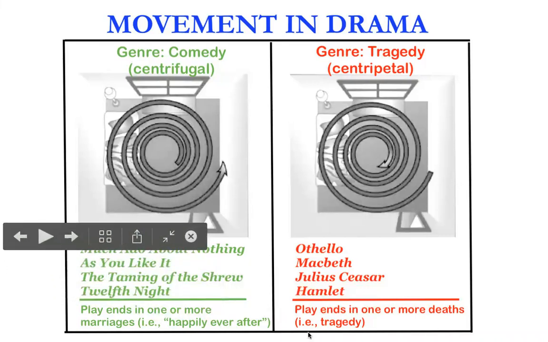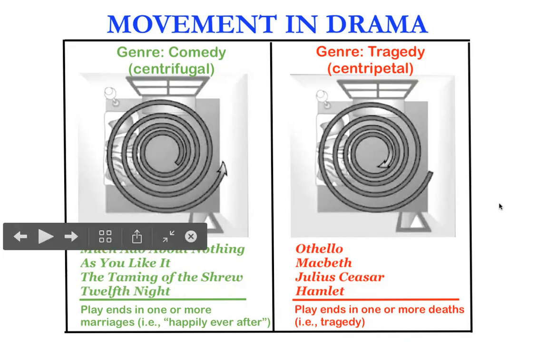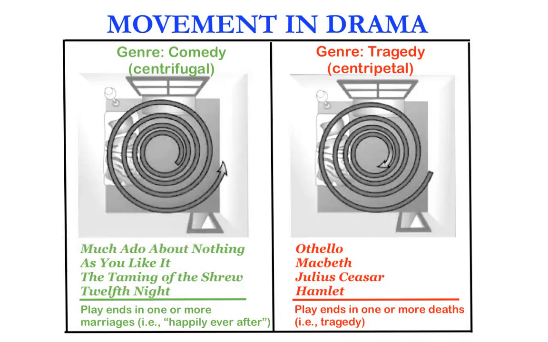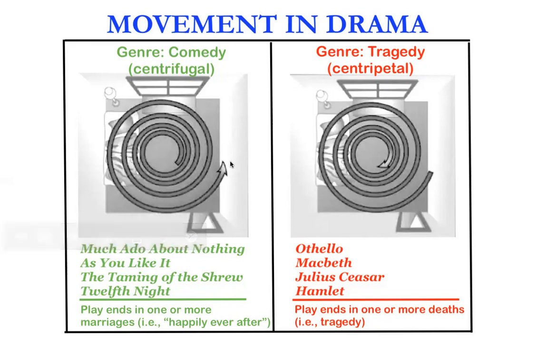So, as you can see from this diagram, on the left-hand side, you have the inward to outward movement symbolized by the circle that starts inwardly and then slowly spins throughout the play in a larger outward fashion until by the end of the play, because in this case it's a comedy, you end in the world of sociality and marriage, maybe even one or more births predicted or happening.